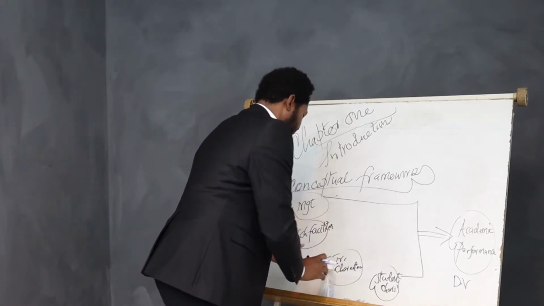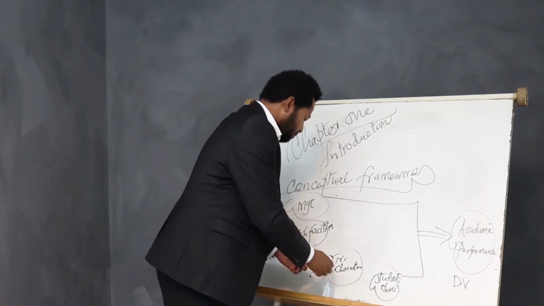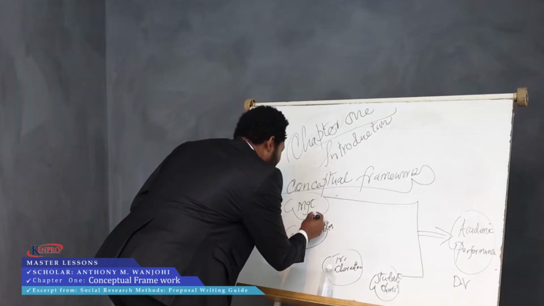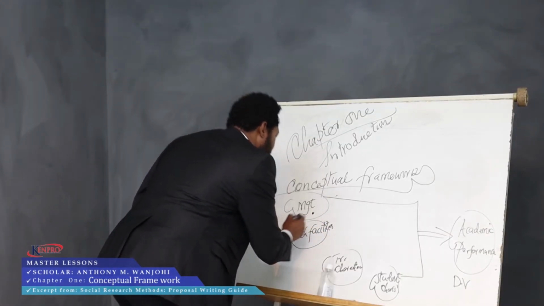But note that we need to indicate or to operationalize our conceptual framework. If you look at the management factor as a factor that is influencing academic performance among students in public secondary schools, you need to indicate what we call indicators. What are the indicators of school management? What will you be measuring in school management?